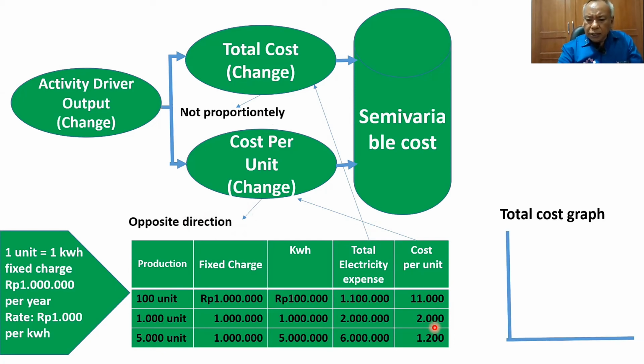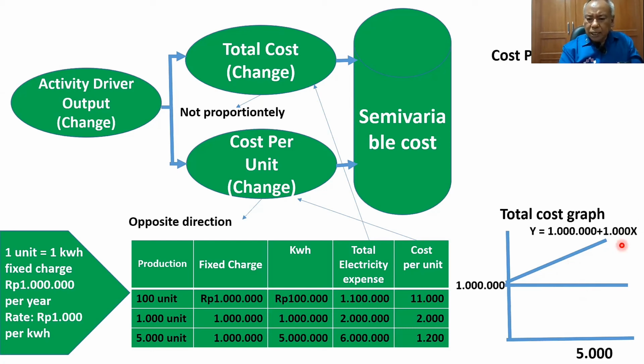And then the total cost graph will be like this. So this is the fixed charge, and this is fixed cost, and the kilowatt hour we classify as variable cost. So it means that one cost consists of a fixed cost and a variable cost.